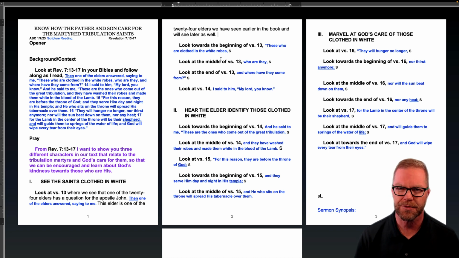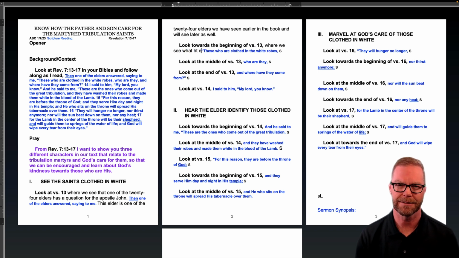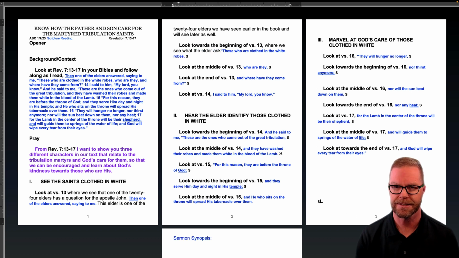I go to the next phrase that I want to comment on. Look towards the beginning of verse 13. And I say to myself, look at the beginning of verse 13. Now I'm going to talk about what the elder asks John.